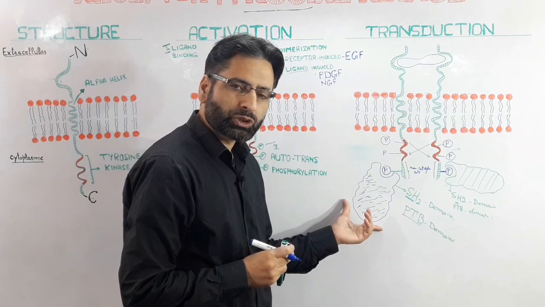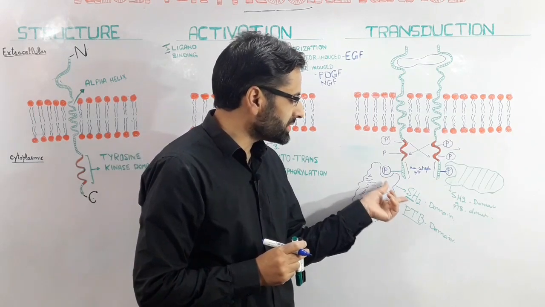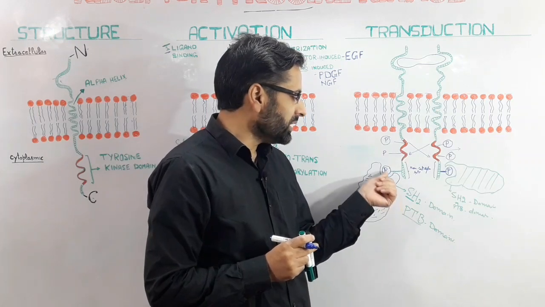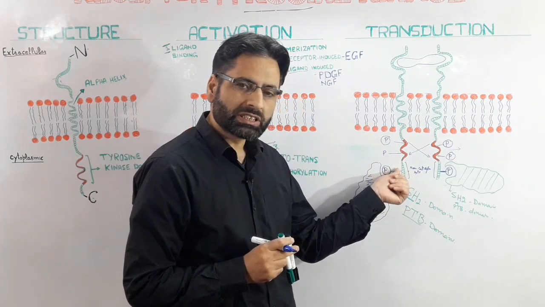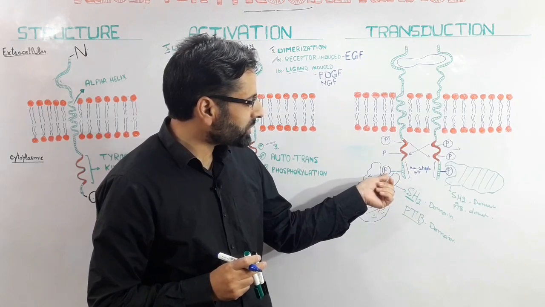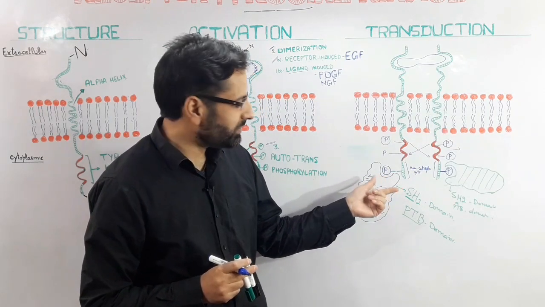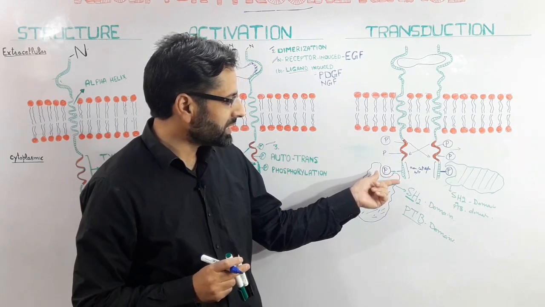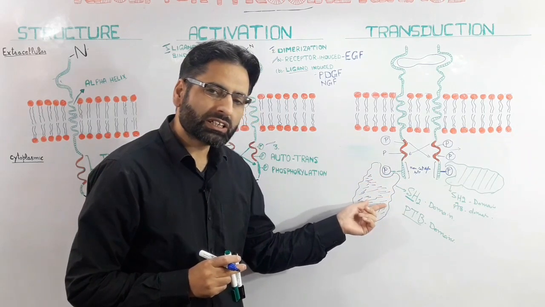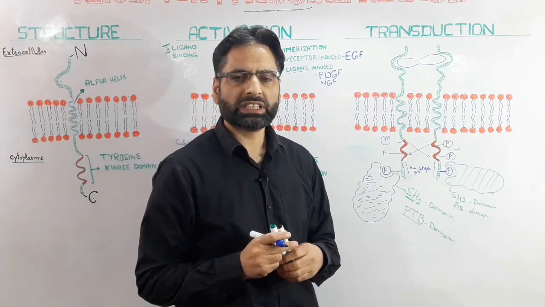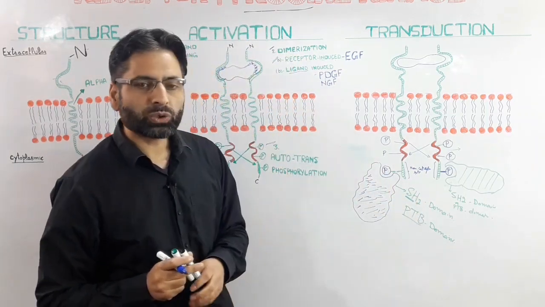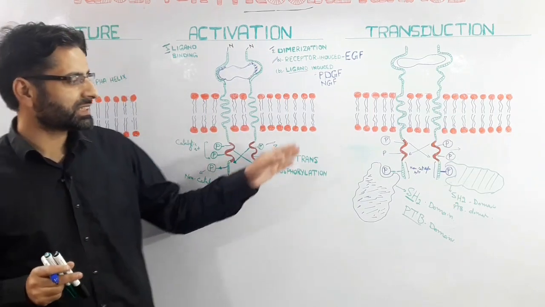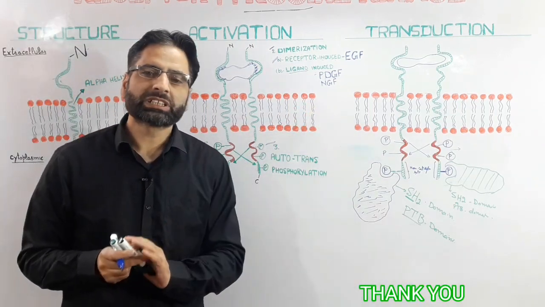These proteins have specific domains like the SH2 domain or PTB domains. They are specific for phosphotyrosine amino acids, and they bind to these phosphotyrosine amino acids, and once these proteins bind, they will then transfer their signal to the downstream target protein. This is how this receptor tyrosine kinase gets activated and how it transfers the signal to the cytoplasmic side of the cell.